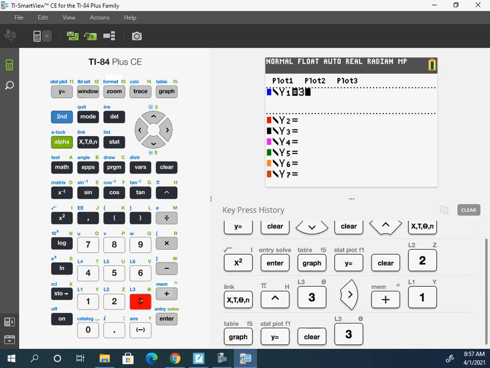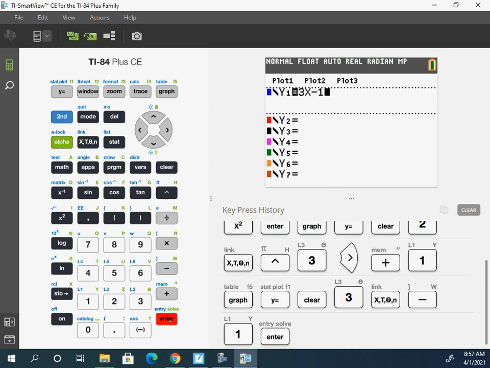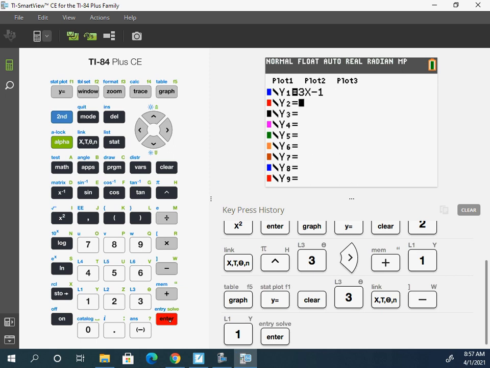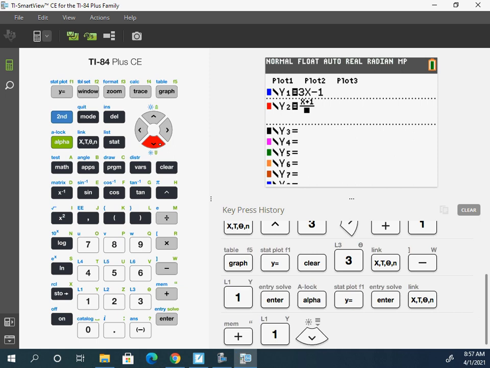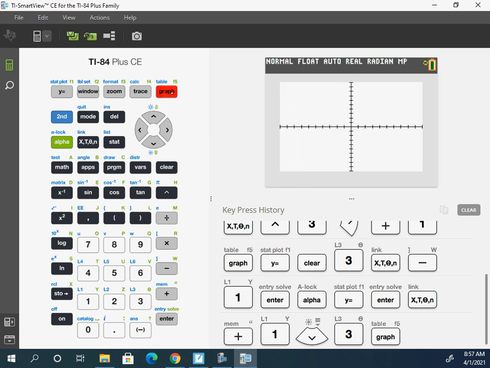So we had 3x minus 1 was our one function that we just tested, yes? And g of x, y equals x plus 1 over 3. So these here are our two functions. So we have that one there and this one here, yes?